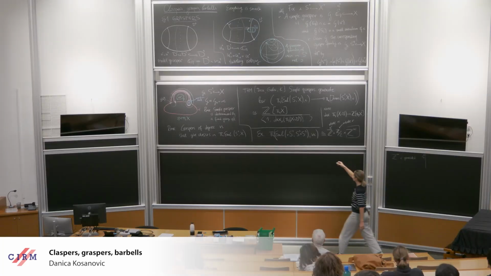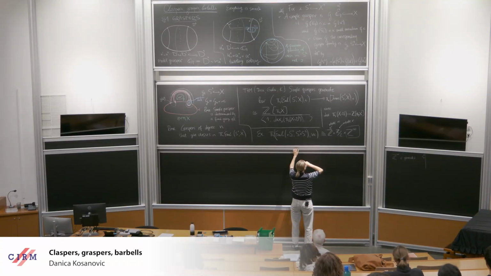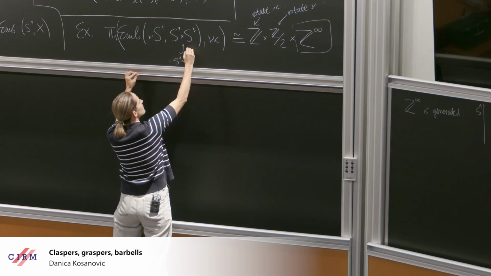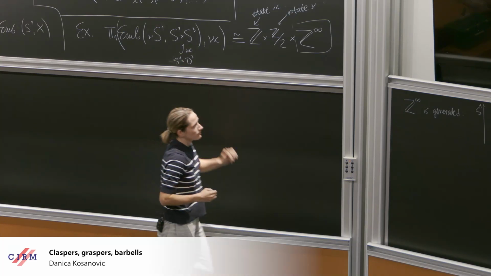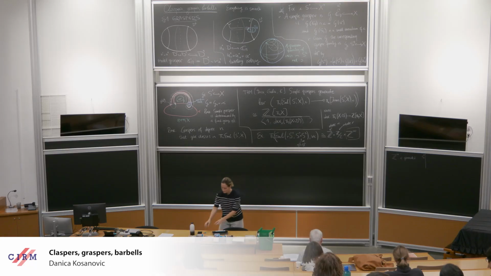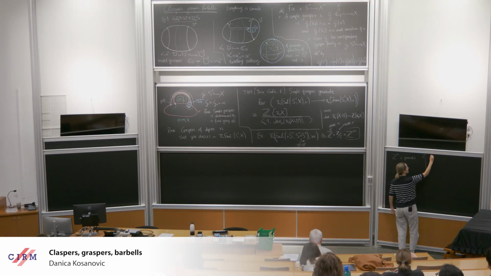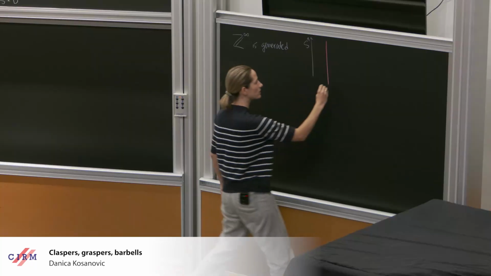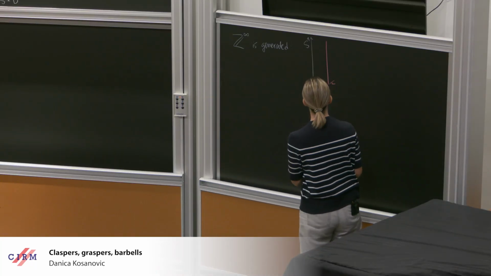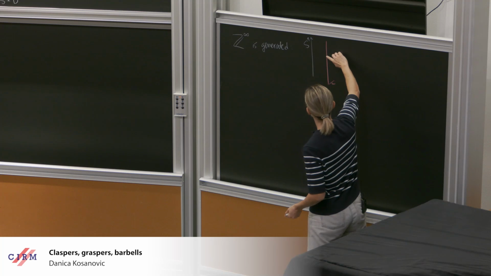I forgot to say, this C here, the base point, I want it to be S1 times a point, or S1 times little D3, this is my framed circle. So I'll take the red. Here is my base point, C. And here is a family of circles based at C.